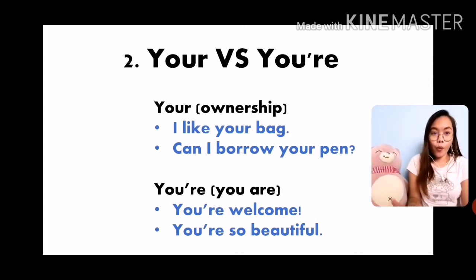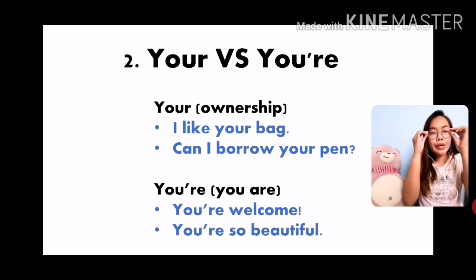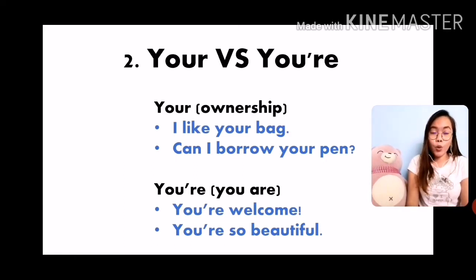The second, you're, is a contraction of you are. A contraction is a combination of two words. So we have here you and are combined, so it is formed as you're. So when you say you're welcome, you need to use the second one. You can't use the first.